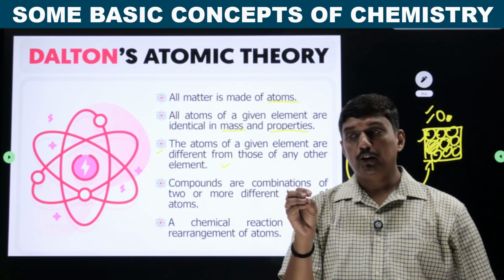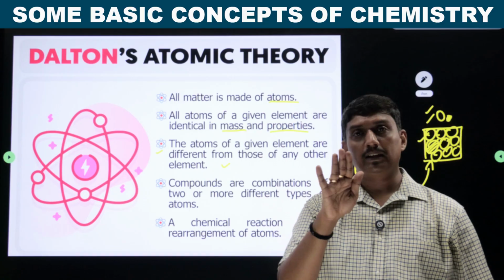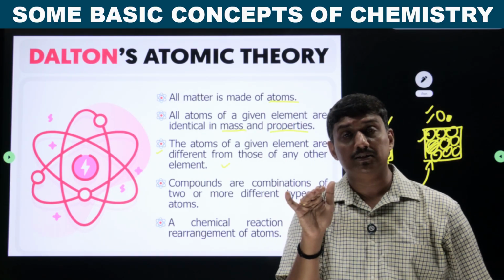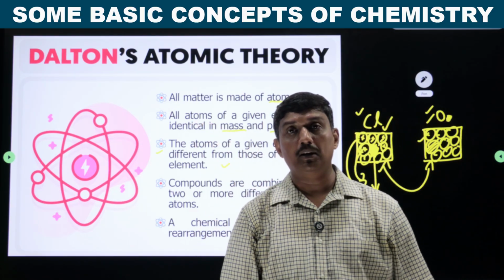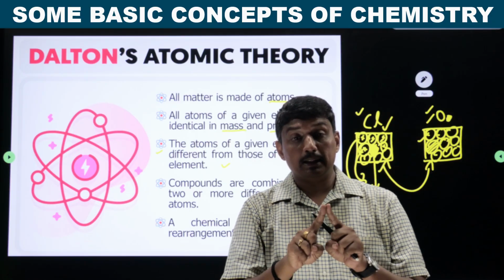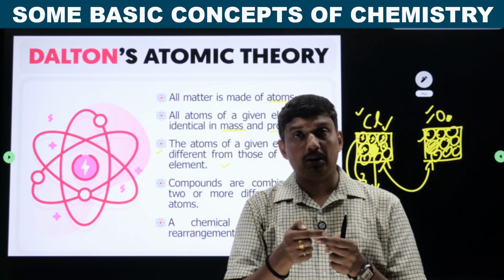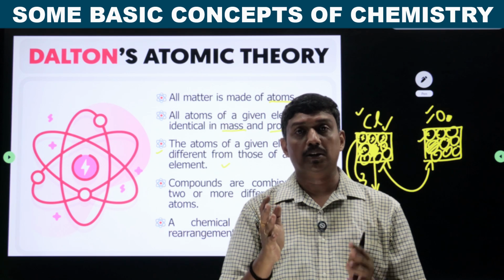Take gold, you put gold in water for 10 years, 100 years, it remains as such without undergoing any changes. Hence, it is used in the preparation of ornaments. Even though both are metals, the properties are different. That difference in the property is due to difference in atomic structure.